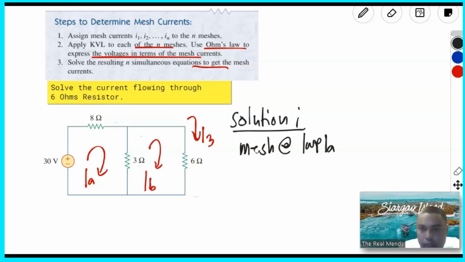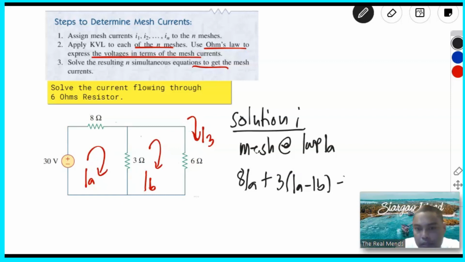So to do that, the current flowing through the 8 ohms is the IA, so we can have 8 IA, and then plus, the current flowing through this 3 ohms resistor is IA minus IB. So we can write IA minus IB, and then we have the power supply of 30 volts is equals to 0.